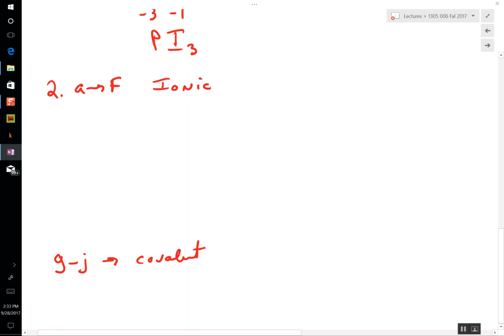All right, so this gives you a little bit of practice in, okay, how do I name this as an ionic compound? And then, okay, how would I name these others as a covalent compound? G through J, notice that you're seeing the prefixes. Hexa, tri, di, penta, okay? That's kind of a signal. This is a covalent molecule.